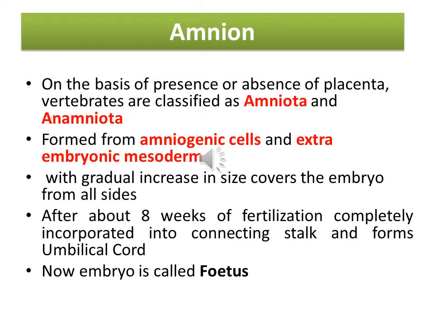The amnion is formed from amniogenic cells and extra embryonic mesoderm, which we have already learned. With gradual increase in size, it covers the embryo from all sides. As the amniotic cavity, it completely surrounds the fetus. Throughout the 9 months of pregnancy, the amniotic cavity exists. It is filled with amniotic fluid, which performs several functions.